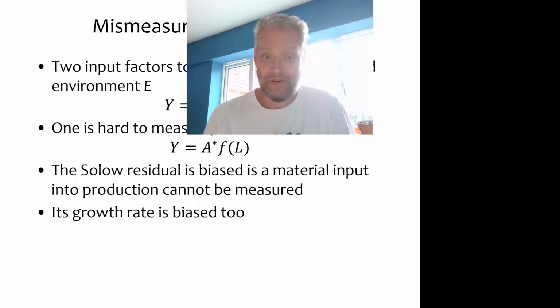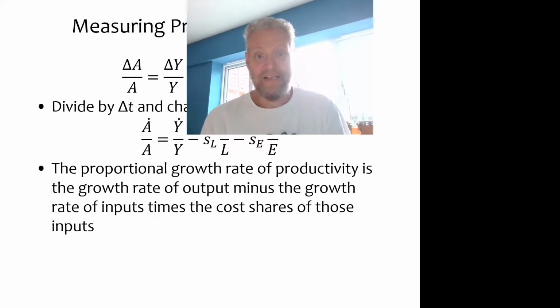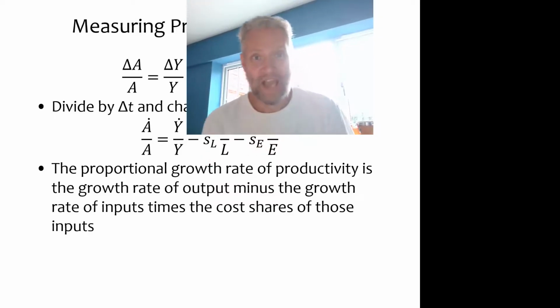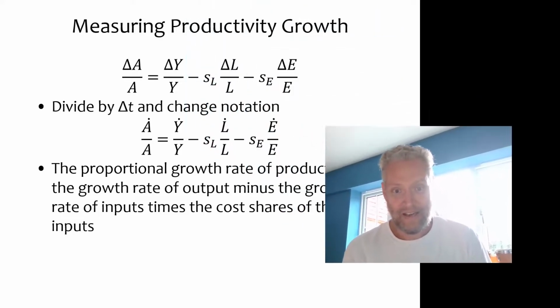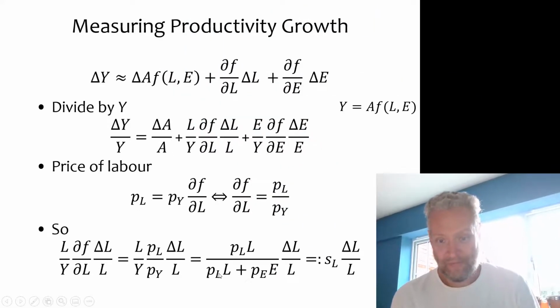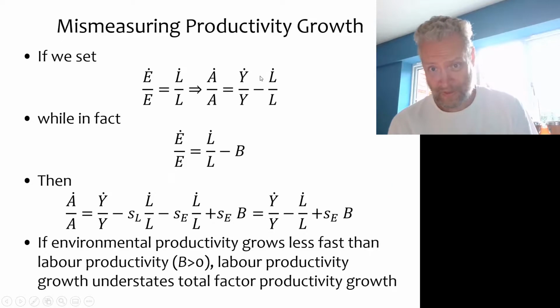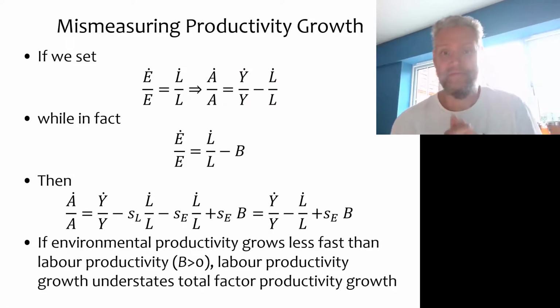And that follows from the fact that SL plus SE equals 1, because these are cost shares. They together add up to 1, right? Because if SL is this thing and SE is PE times E, then SL plus SE must equal 1. So that is what we essentially measure.